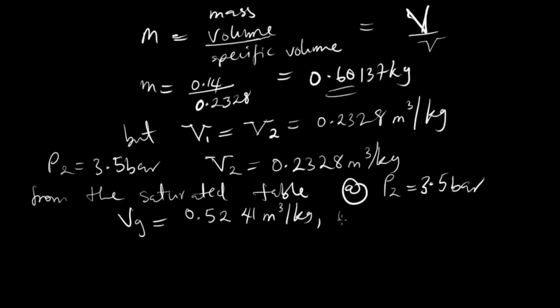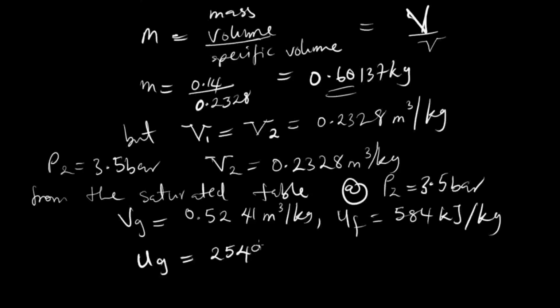We also have that UF is equal to 584 kilojoules per kilogram. Then we have UG is equal to 2549 kilojoules per kilogram.